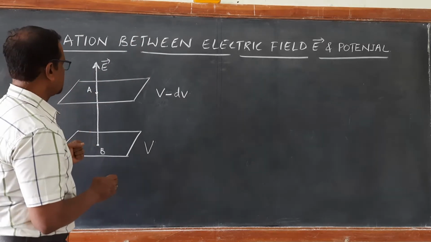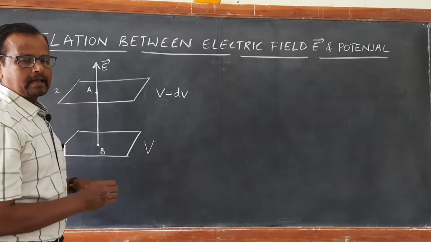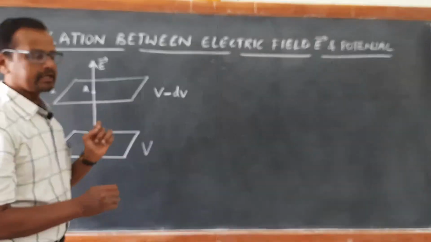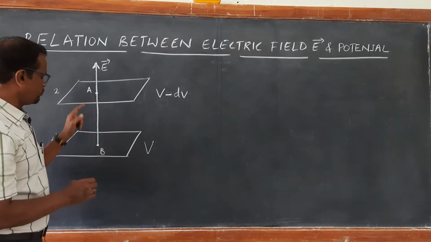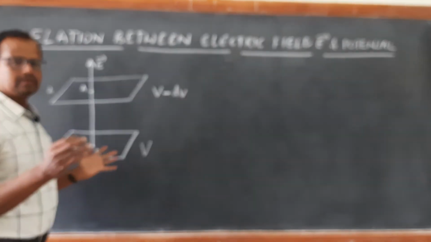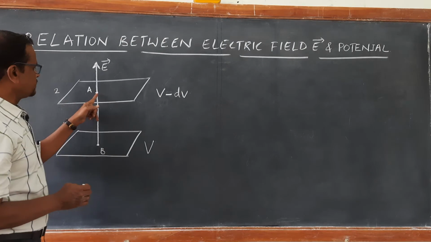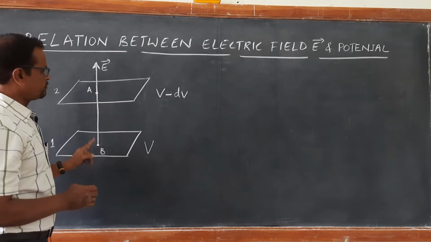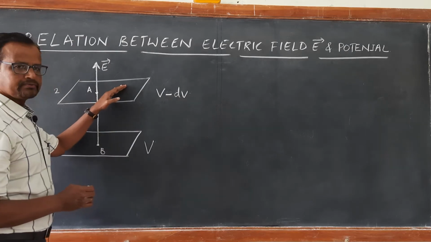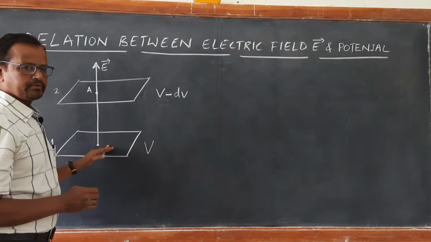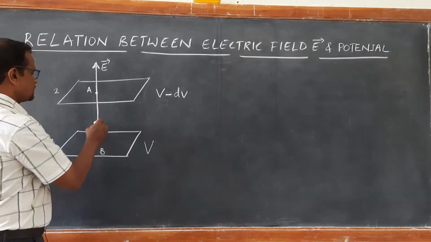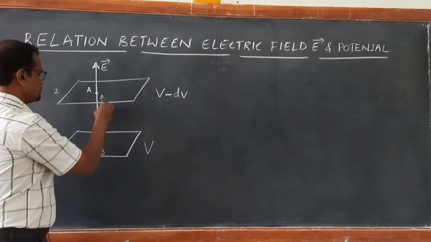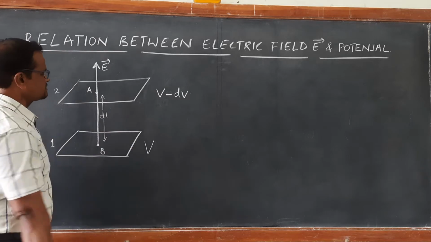Now, let us calculate the work done in bringing a unit charge from A to B. How much is the work done in bringing a unit charge from point A to point B, from the second equipotential surface to the first equipotential surface? And let us take the distance between them as dl.